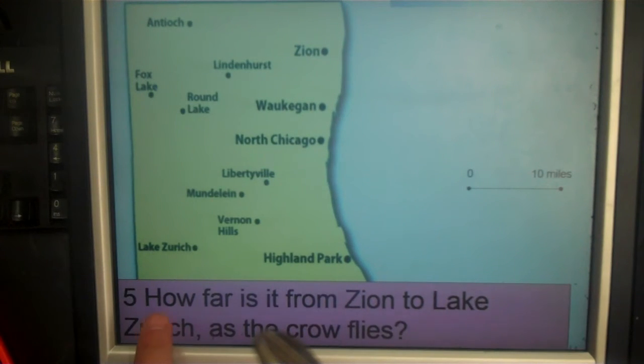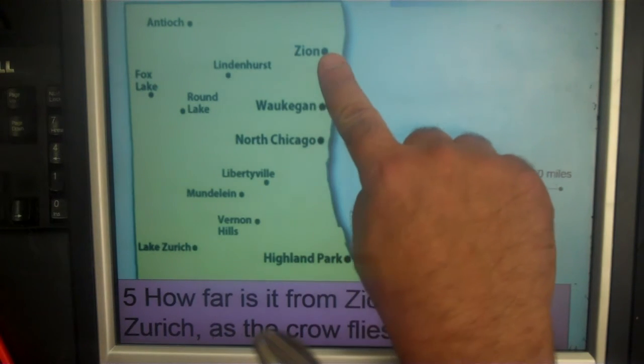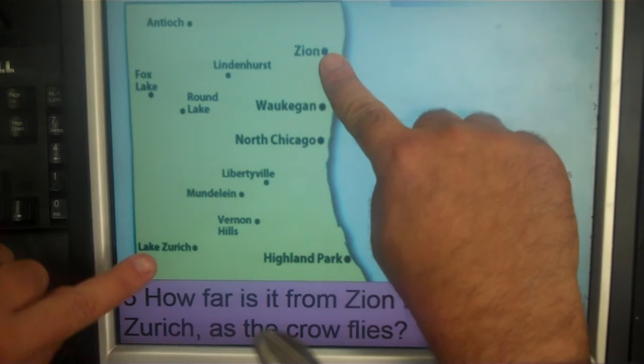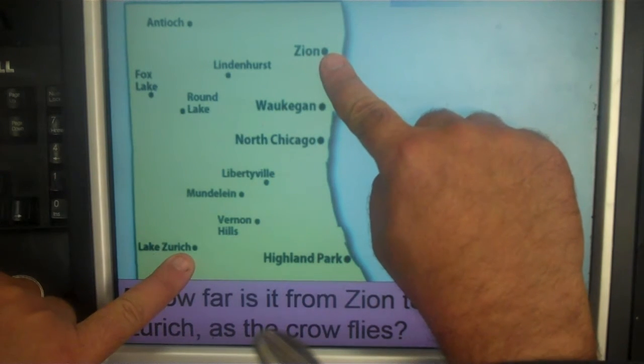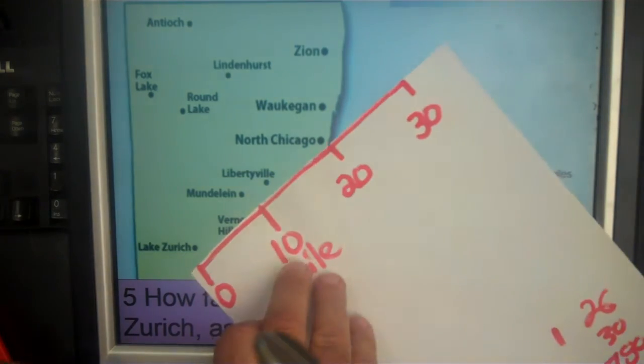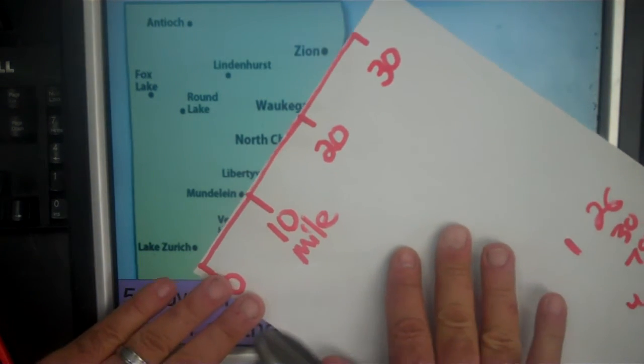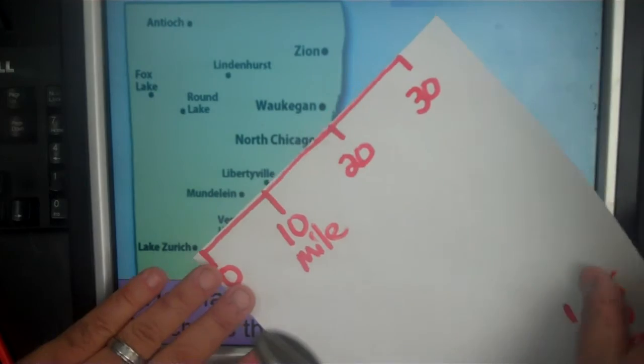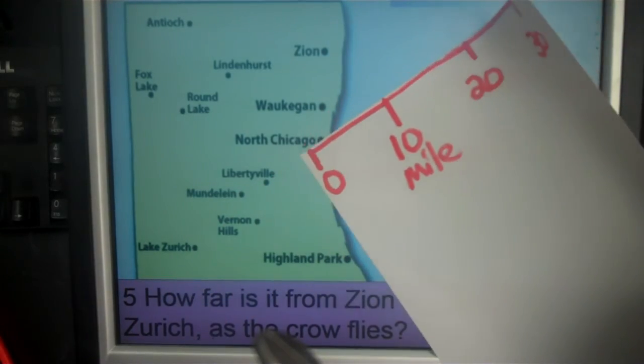Number 5. How far is it from Zion to Lake Zurich as the crow flies? So there's Zion, and Lake Zurich is down here, and as the crow flies means straight line. If a bird was flying from one place to the other straight, how far would it go?